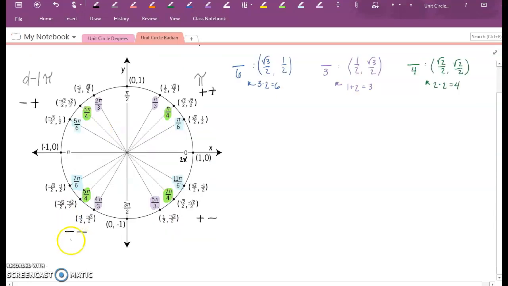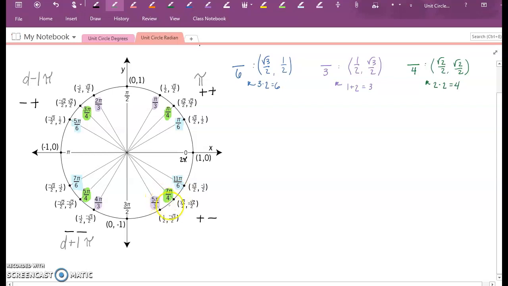In the third quadrant, we have 7 pi over 6, 5 pi over 4, and 4 pi over 3. This is the denominator plus 1, and then we have pi, of course. So when we take the denominator plus 1, 6 plus 1 is 7, 4 plus 1 is 5, 3 plus 1 is 4, denominator plus 1 pi.